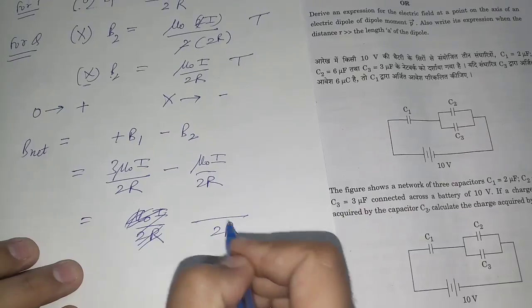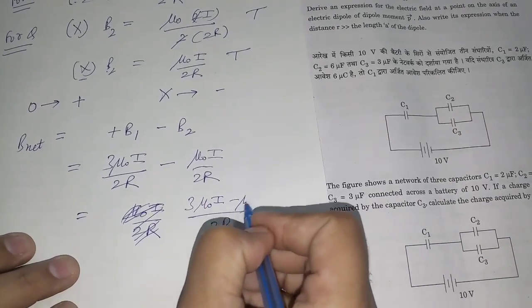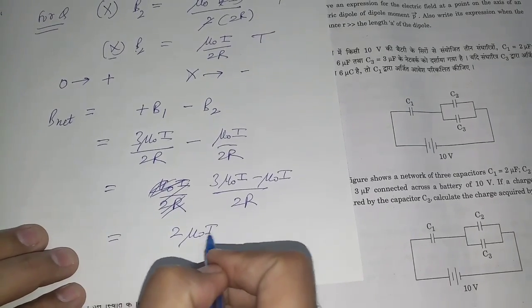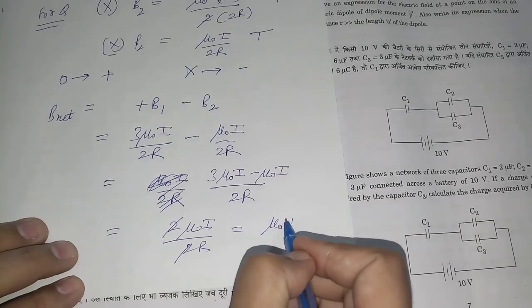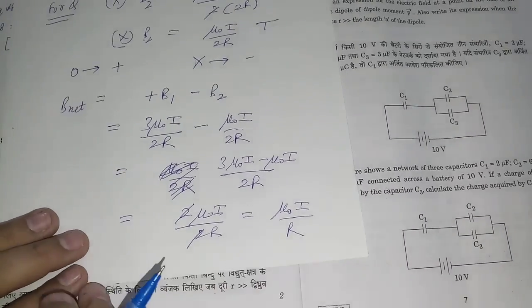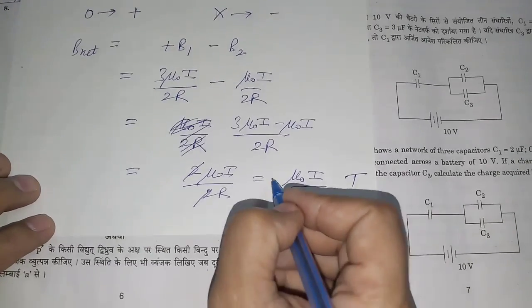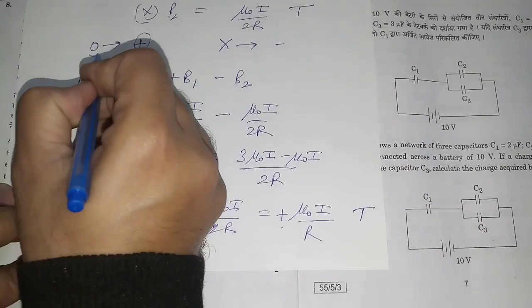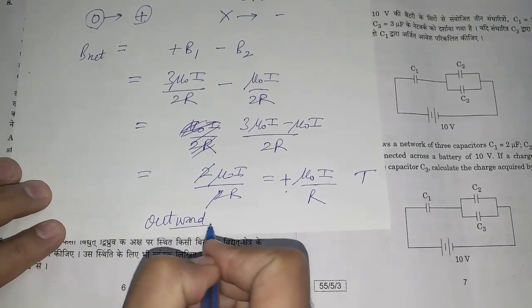After solving this, taking 2R as the LCM, 3 mu naught I minus mu naught I, which is 2 mu naught I upon 2R, which is mu naught I upon R Tesla. So here, as you can see, this is coming positive and we have taken positive as the outward direction. So our net direction would be outward.